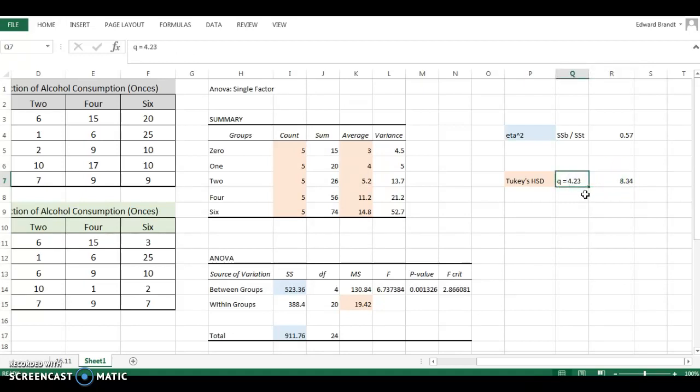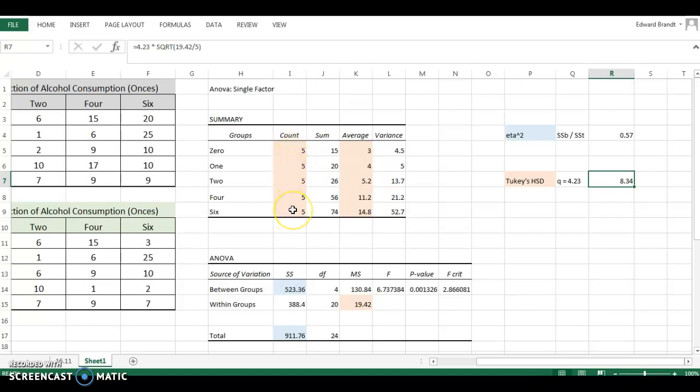This Q score, if you recall, we actually find from the table, I think it's table G in the back of the book. And then we multiply that to, and you'll see up here, it was the square root of the mean standard error for within of 19.42 divided by the sample size of each of these. And each one of these had a sample size of 5.